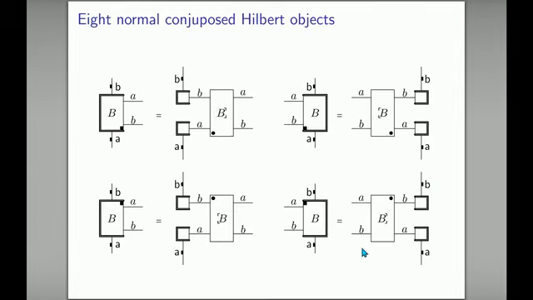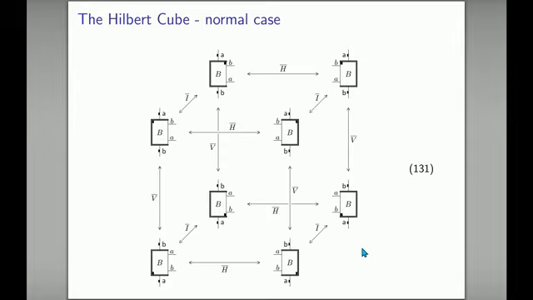And then, modulo the two errors that have been found, here's the case where you have the other conjugation on the elements. So let me show you all of this in the Hilbert cube.